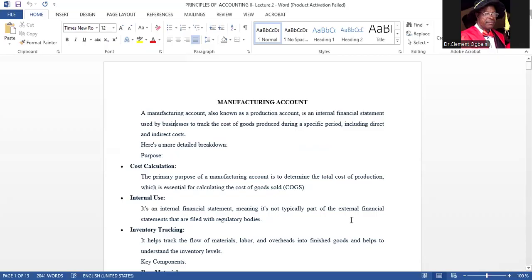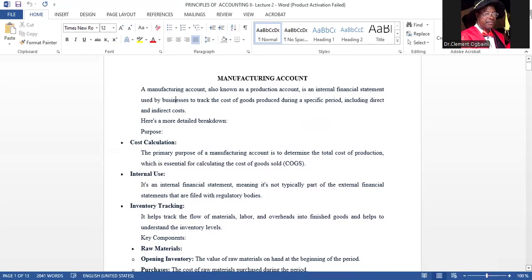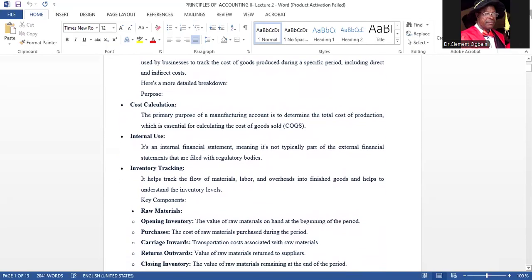Like I said, without knowing the cost of goods sold, it will be difficult for you to know the production cost per unit. And without knowing the production cost per unit, it will be difficult for you to set the price of that product.